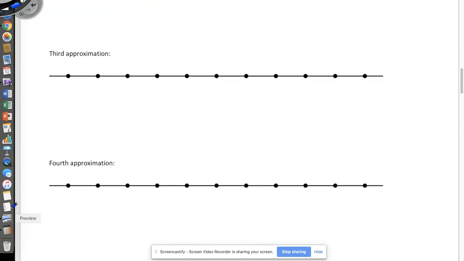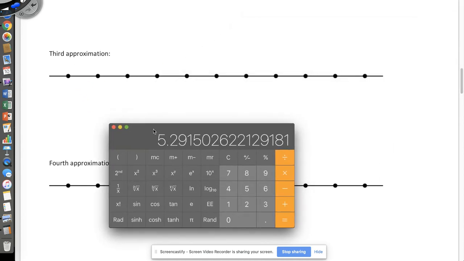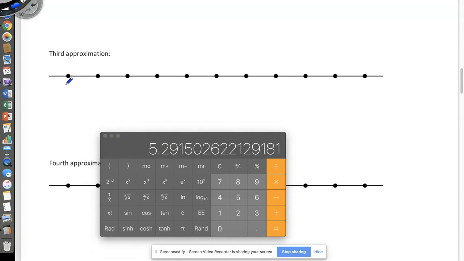So I'm going to pull up our calculator just so we can always have that number in front of us. Last time we did 5.2, that means we're going to start here. Let me move my calculator below our problem so it doesn't get in the way. Now we're going to start with 5.2 because that was where we left off. That's where our first dot was. But now we're going to make it a 0. 5.21, 5.22, 5.23.